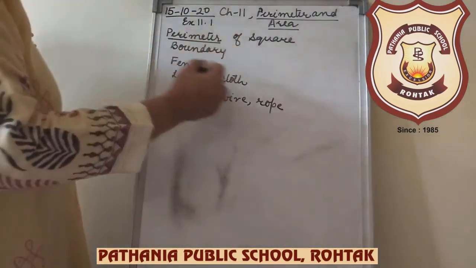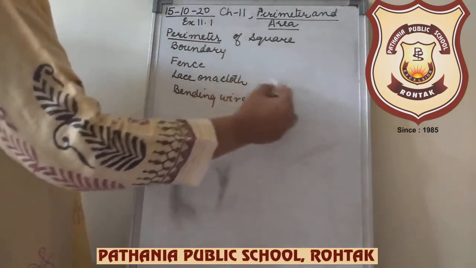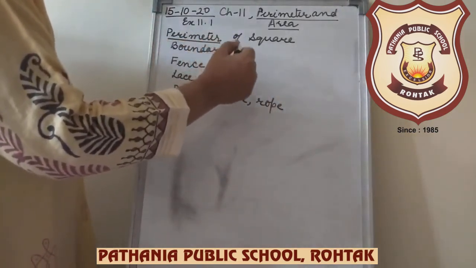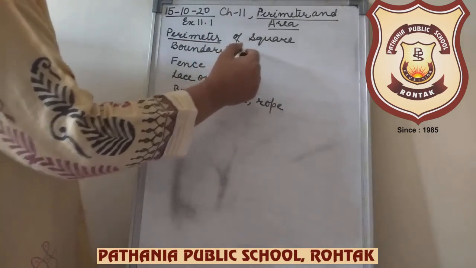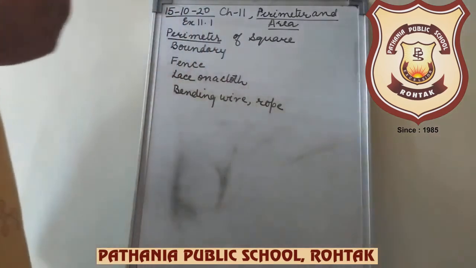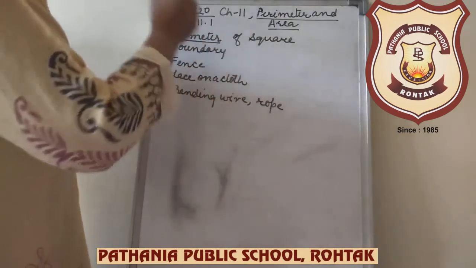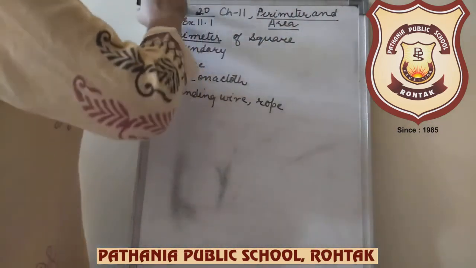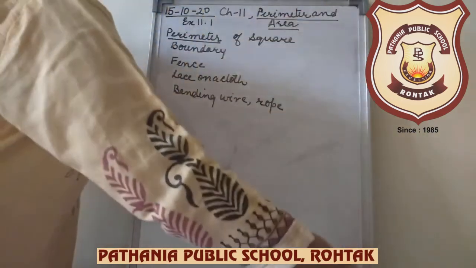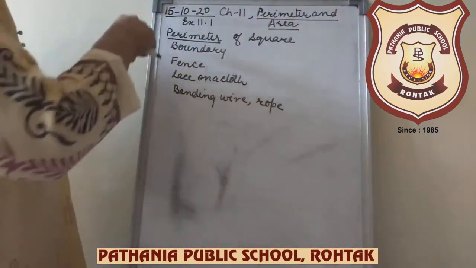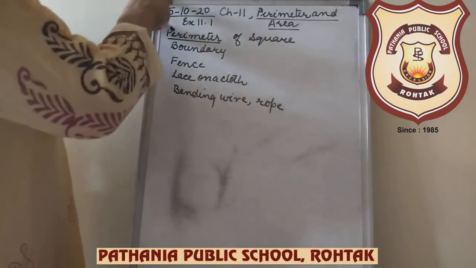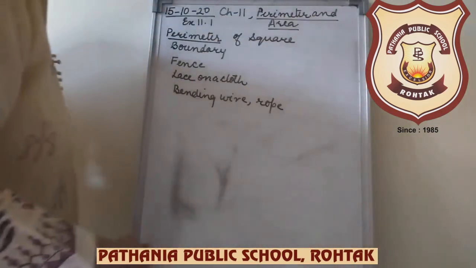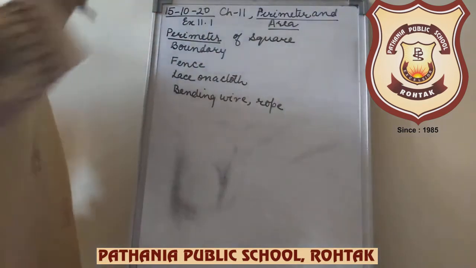Means a fence is also put on the boundary, making the wall, lace around the, if I see the board, this is the boundary. When I have to find the perimeter of this board, I will go from this point. First I will add this length, then this one, then this length and the other length.